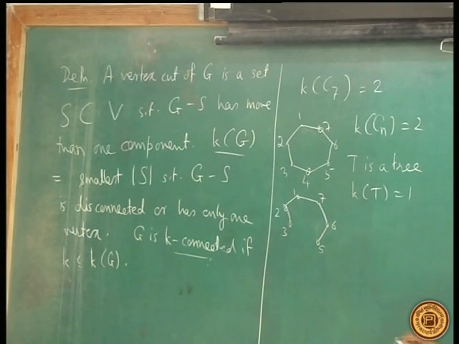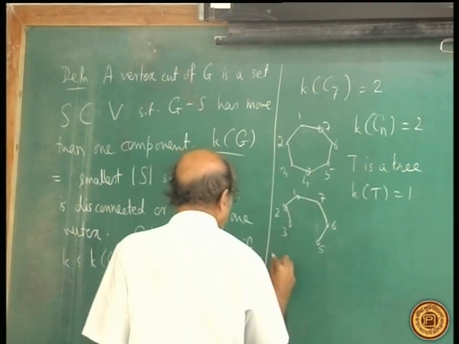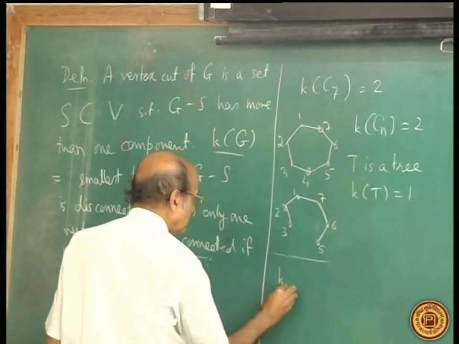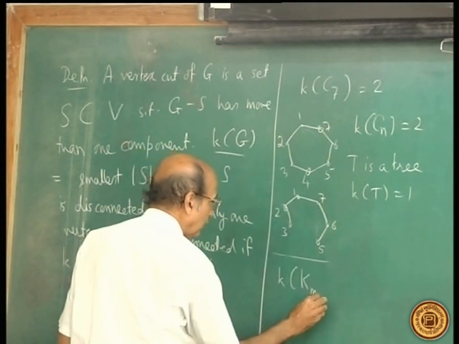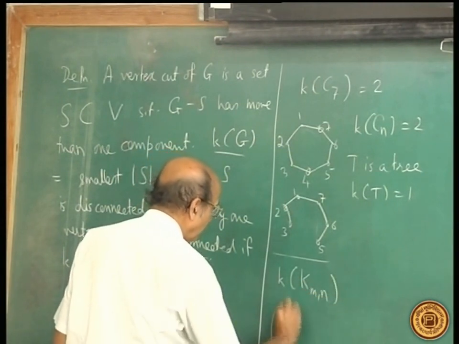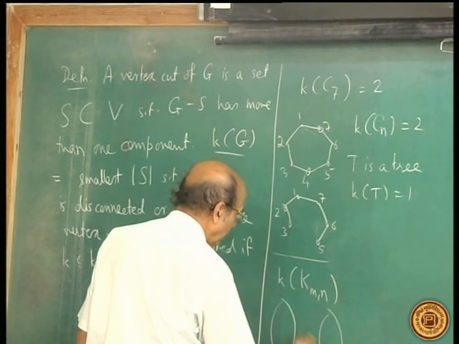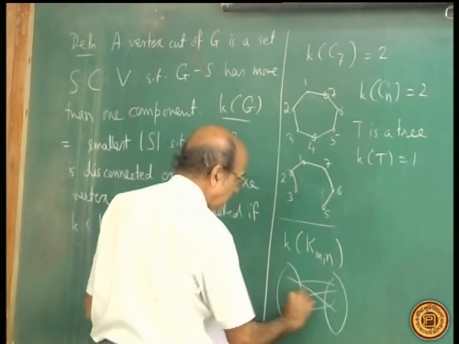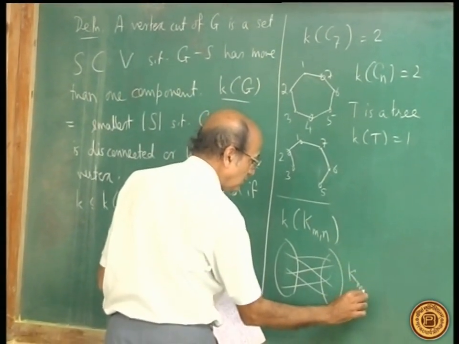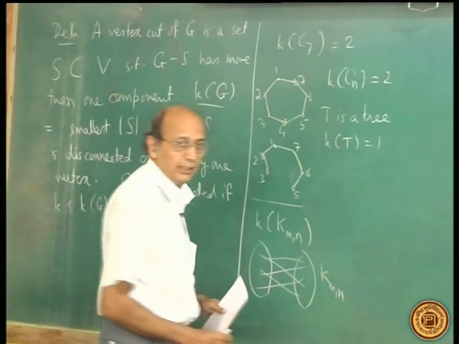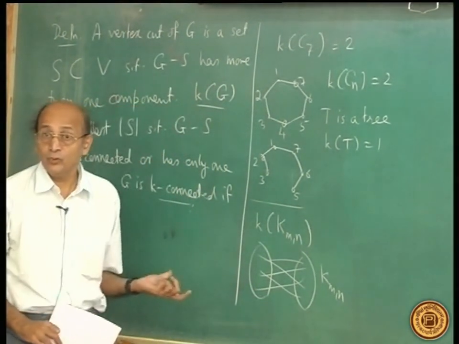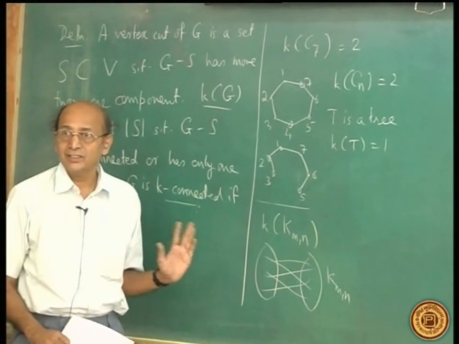What about something like the connectivity of the complete bipartite graph? So you have m vertices on one side, n on the other side, K m,n. How many vertices would you have to remove to disconnect this graph?